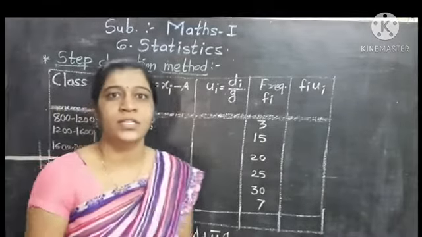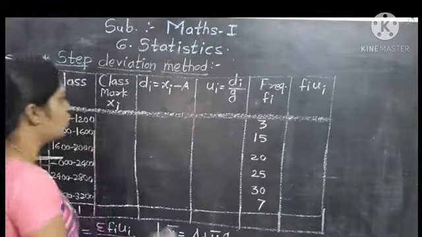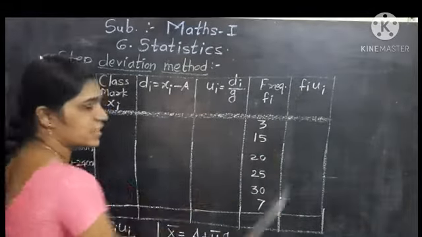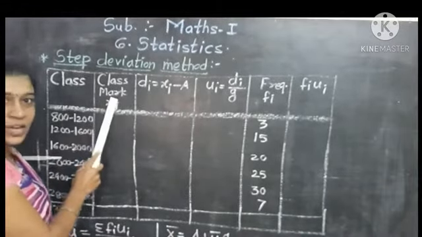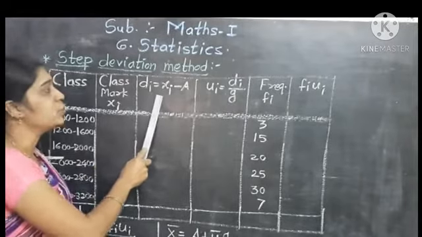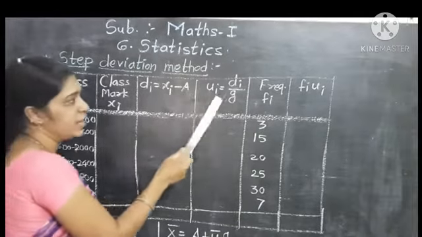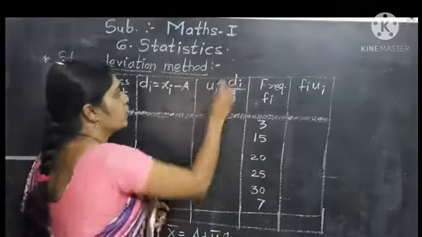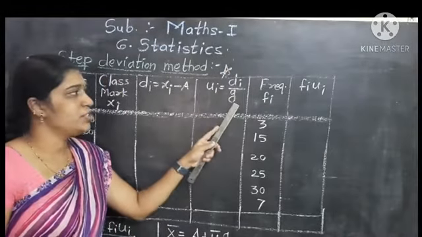Students, in the step deviation method, there are 6 columns. You must remember all these 6 columns. The first column is class, the second column is class mark xi, the third column, as in the assumed mean method, is di equal to xi minus a. Then this column is new: ui equal to di divided by g.